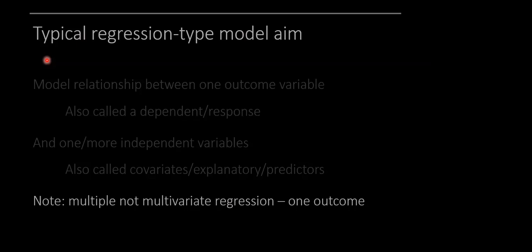Multivariate regression would be regression where you have more than one outcome variable. Those types of models do exist, but they're fairly rarely used. I've certainly never encountered any, and how you go about interpreting them would probably be a bit of a nightmare. So just be aware: the correct term is multiple regression when we've got more than one independent variable, not multivariate regression, unless you really do have more than one outcome variable.